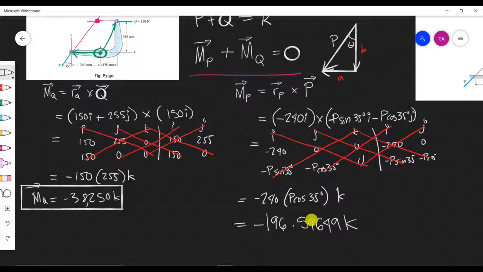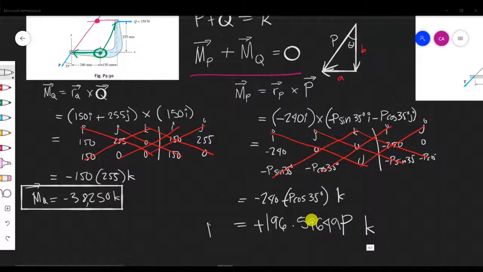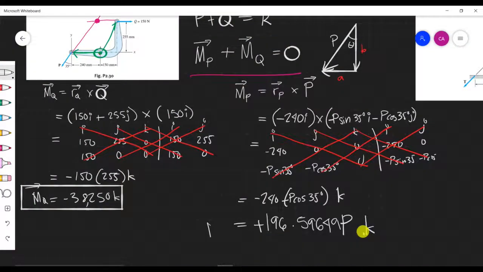Negative 240 tsaka negative P. So, negative times negative, positive. So, positive siya. Okay? Nawala yung P, sorry. So, dapat merong P. P, K. Okay? So, 196.59649 P, K. Okay? So, this is moment P.